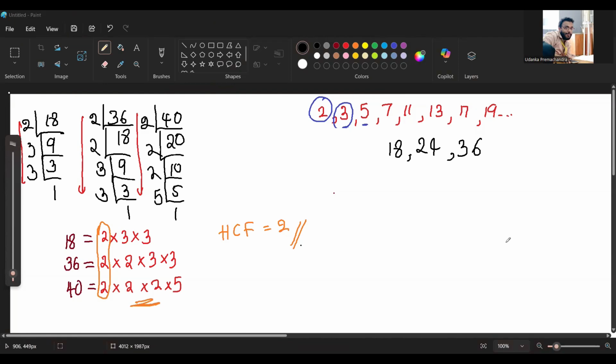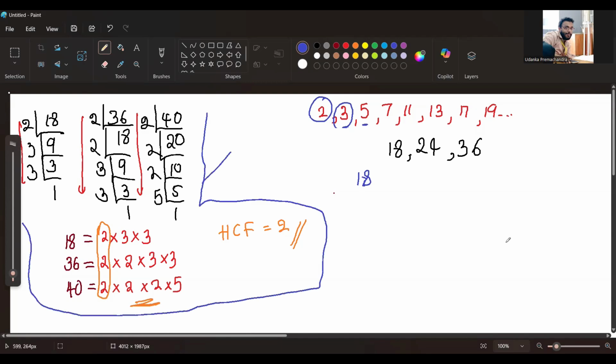You have to follow the same steps. First of all, you can divide them with the common factors. You can write down this one first, and then try this one. 18, 24, and 36. Follow the same steps. You already wrote 18 and 36. You have to find only for 24.